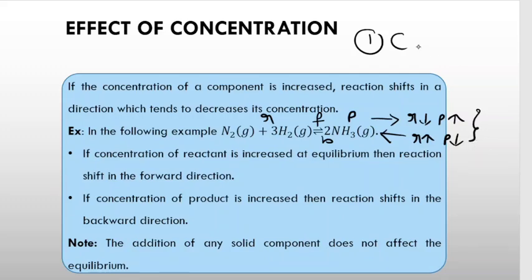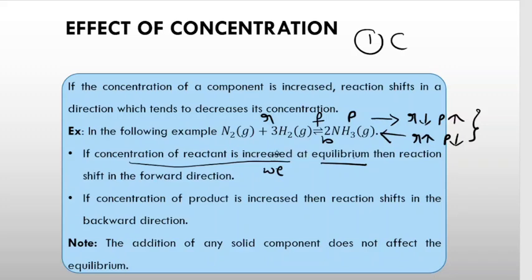The first factor is the concentration. Now we are going to apply the change. That means we are going to either decrease or increase either the products or the reactants. For example, if the concentrations of reactants are increased, what will the equilibrium do? Exactly the opposite.